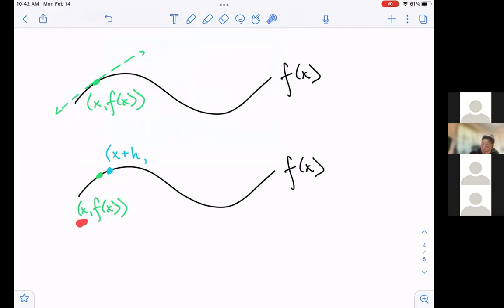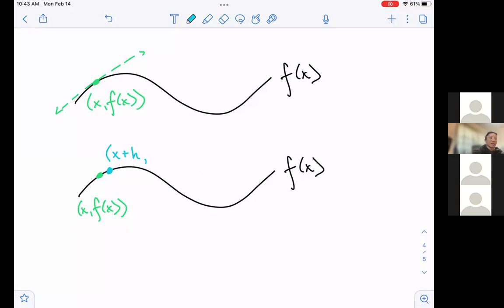If this x value is x and then the y value is f of x, what's the y value for an x value of x plus h? F of x plus h.